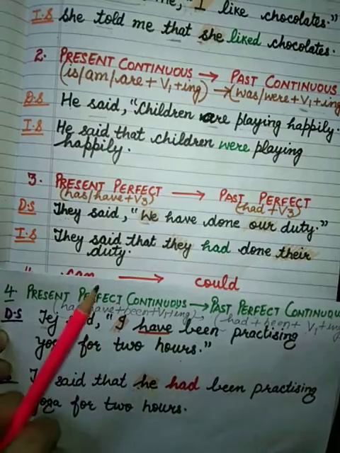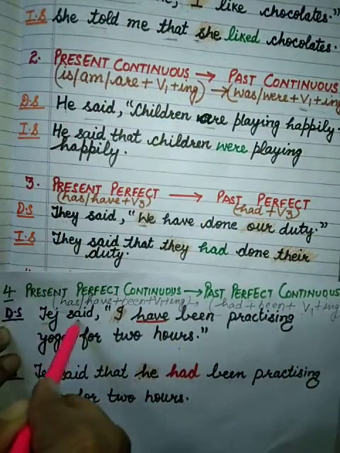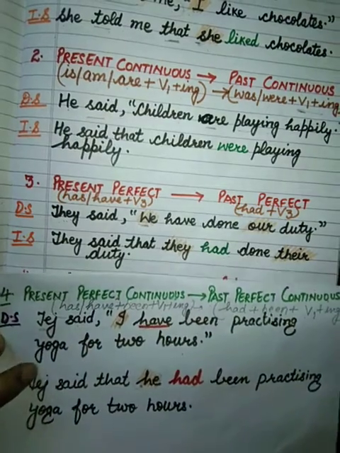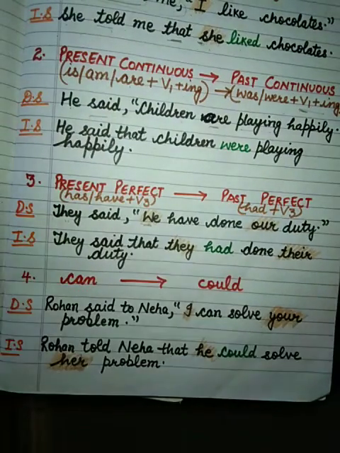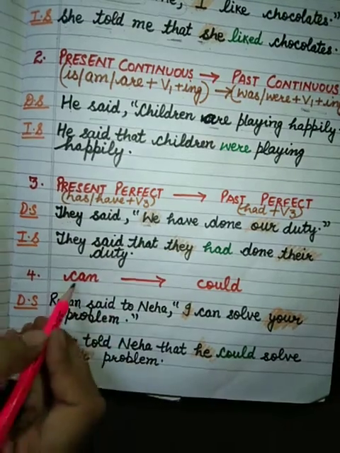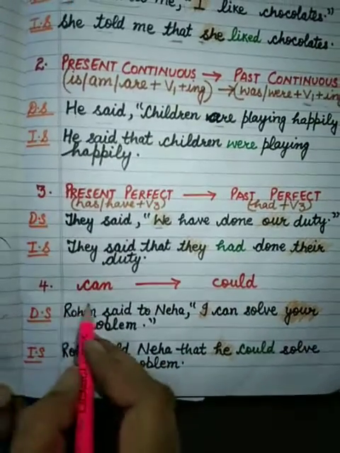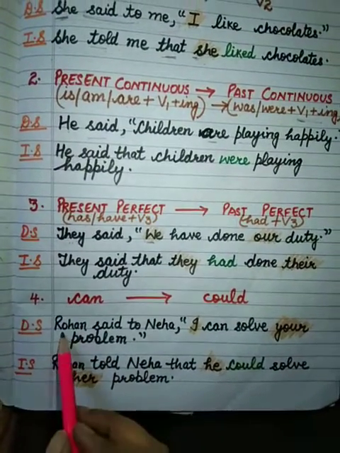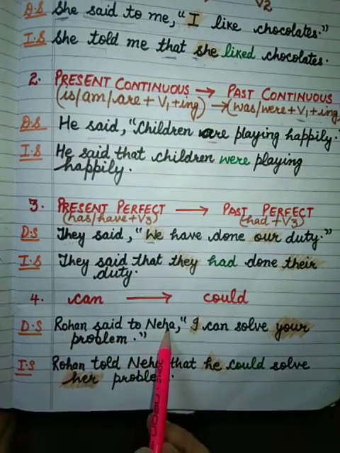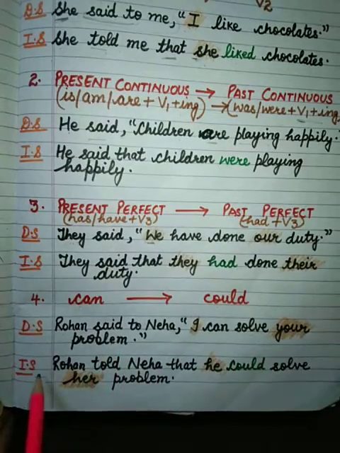Fine. Now next, these are the tenses that you have to change in direct to indirect. Next you have to change the modals also. Can changes into could. Rohan said to Neha, I can solve your problem.